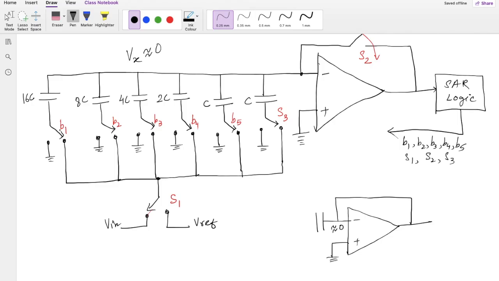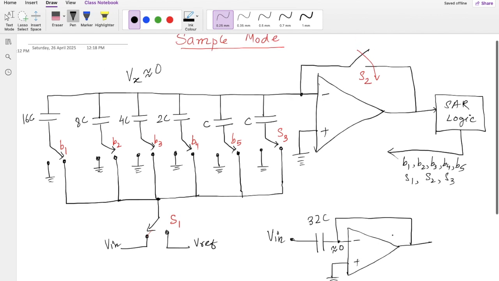All the capacitors are in parallel, so if we add them, 2, then 4, then 4, 8, 16, it will be 32C. The other side is connected to Vin. So this is my equivalent configuration: one side of the capacitor is connected to Vin, the other side is connected to this virtual ground. This is my sample mode.